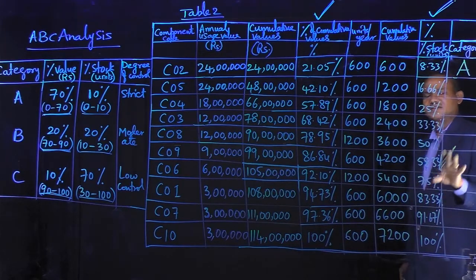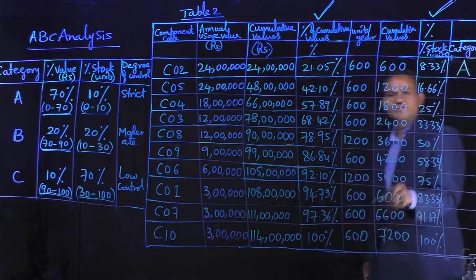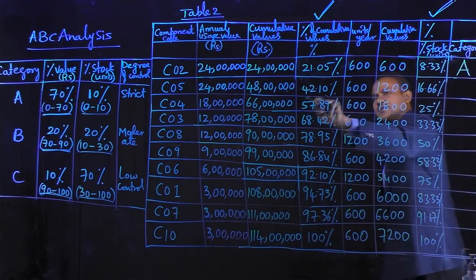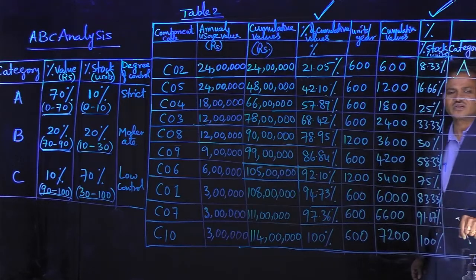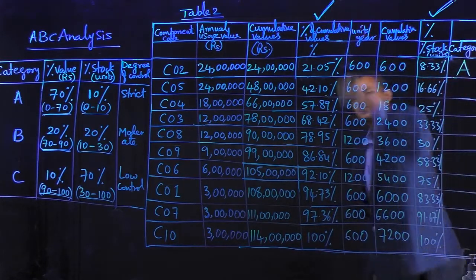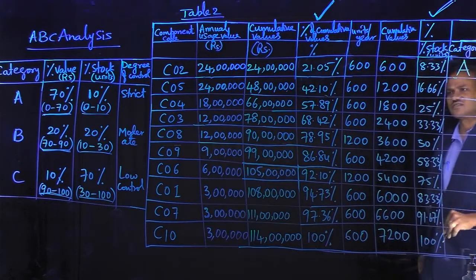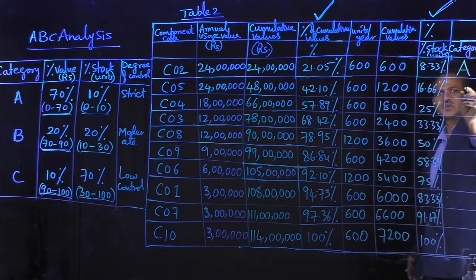In that situation, you give more weightage to the percentage of cumulative values, not stock. The highest priority is given to the cumulative values. In that case, it comes under category A.